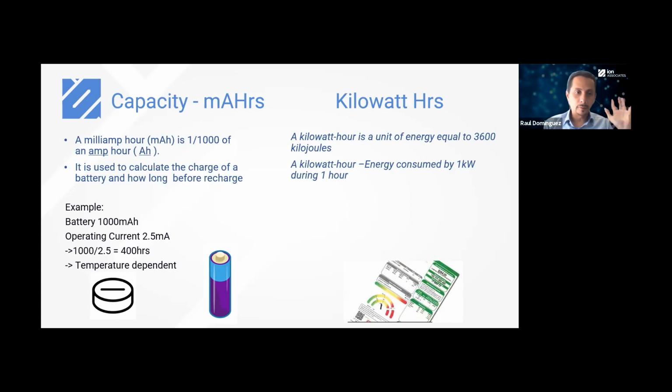So we divide 1,000 by 2.5, and we will know how many hours the device will work with that battery. Remember, we find the rating can change for several reasons, like temperature, aging, charging, discharge cycles. So all of this we need to consider to know what we can offer to the end user.